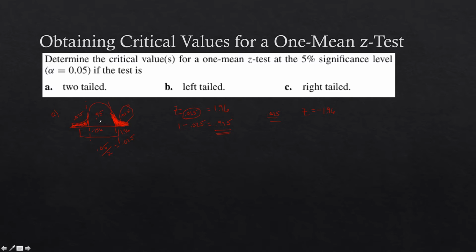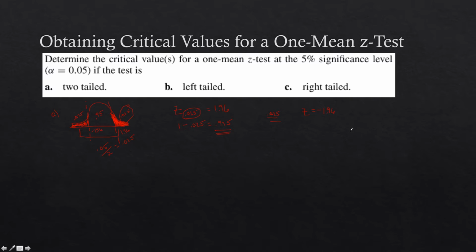So there are two critical values there that we would have to test data against if we were trying to figure out rejection versus not rejecting. Okay? So here's what we generally say.